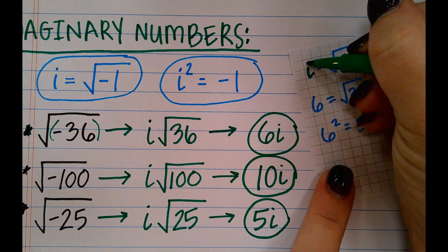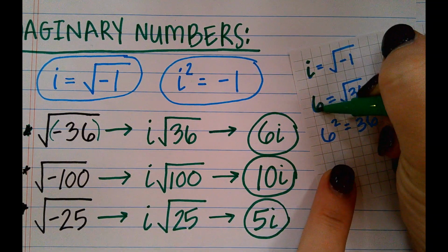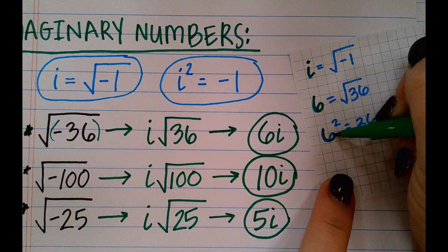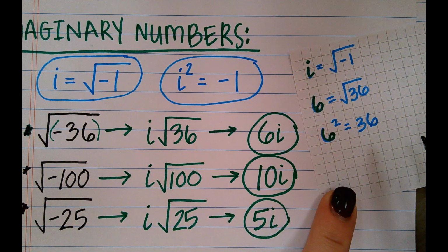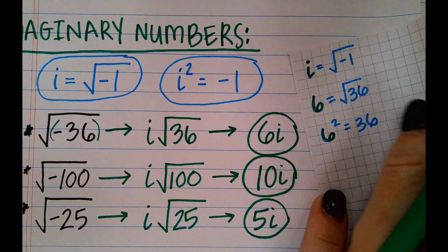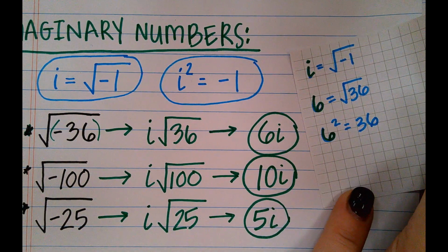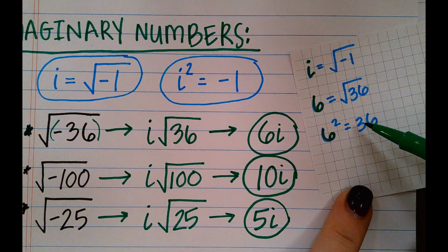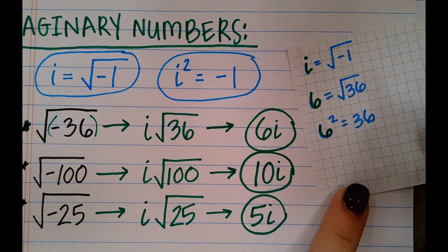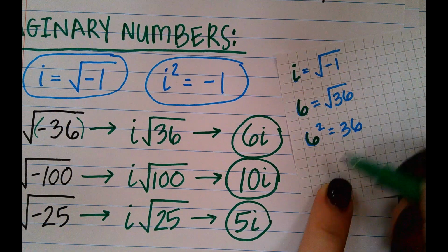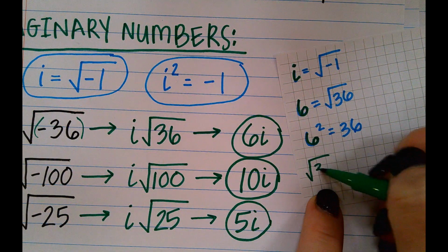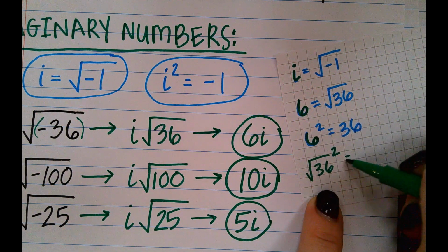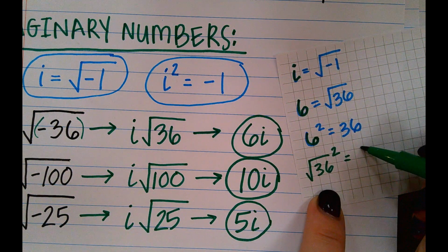This is like, as I'm teaching it to you, my brain hurts a little bit. I'm not gonna lie. It's a little bit odd. I'm trying to wrap my mind around how to even explain this to you. I feel like this is gonna make it more confusing. So would it be 6? Would what be 6? 6 squared equals 36. Yes, 6 squared is 36. We can also say that the square root of 36 squared is 6.